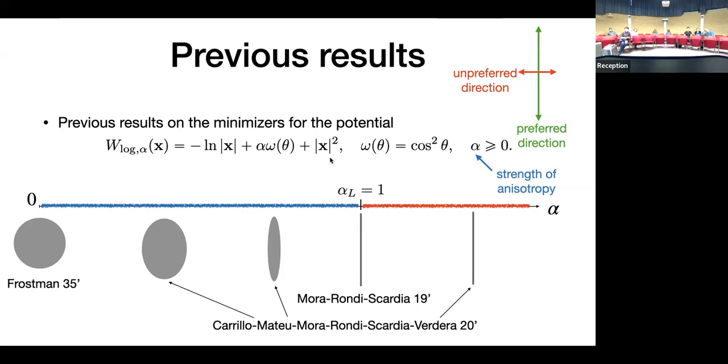They showed that the minimizers for alpha values here are all given by characteristic functions of some ellipse, and the size of the ellipse can be determined explicitly. They also showed that if you take alpha larger than 1, then the vertical 1D distribution is always the minimizer.